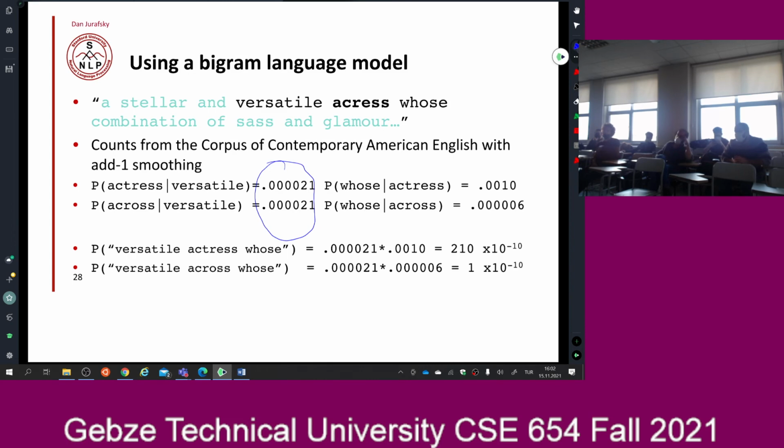Remember with the bigram model, I am trying to compare versatile actress versus versatile across, so I need to multiply the probability of versatile too. So if I do the multiplication, it looks like this one is higher, so versatile actress.